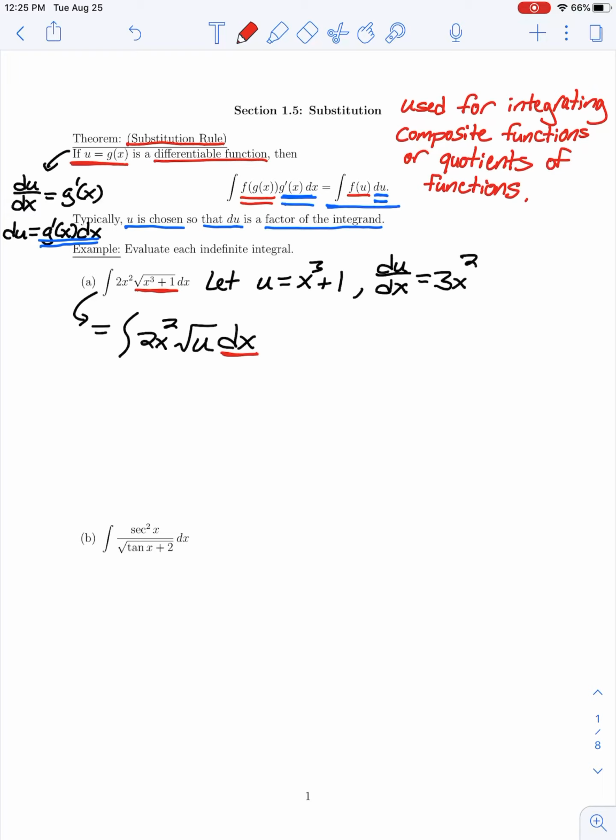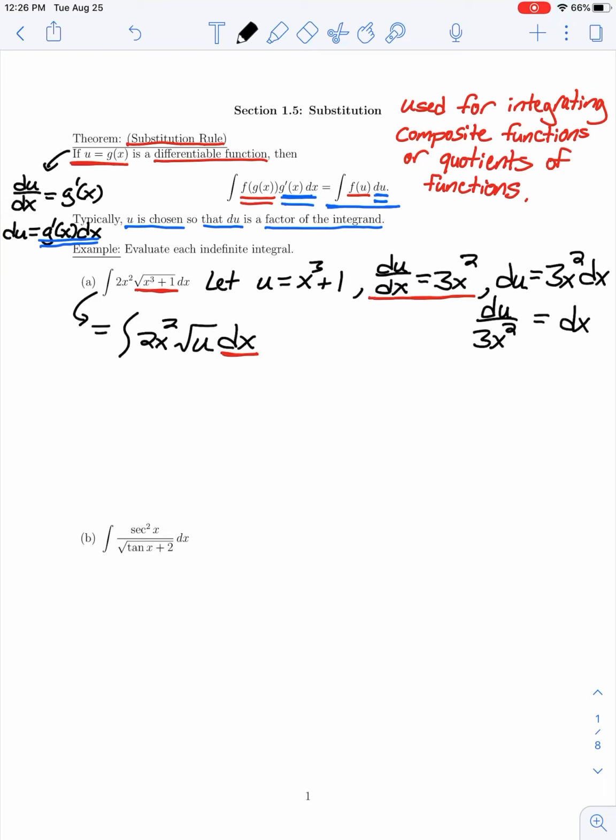So let's think about how to do that. If we look back at our expression that we found for the derivative, du dx, that implies that the differential of u is equal to 3x squared dx. And so solving for dx, we have du over 3x squared.